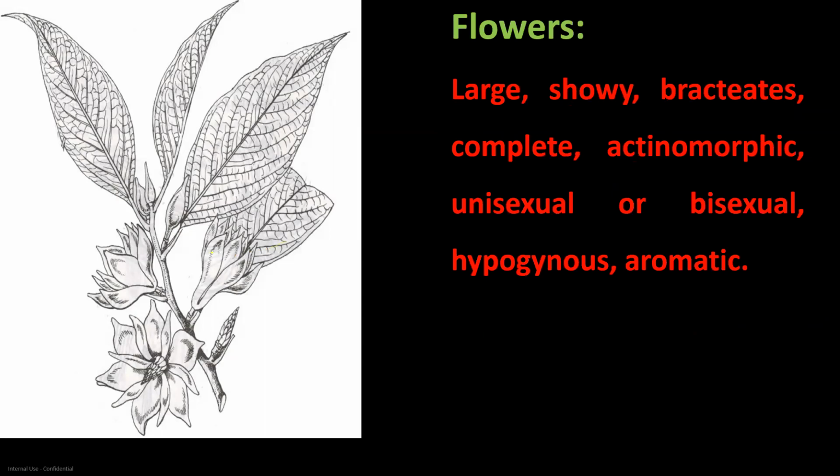See, here what you can see. These are the leaves, right? See, acuminate apex, unicostate reticulate venation.